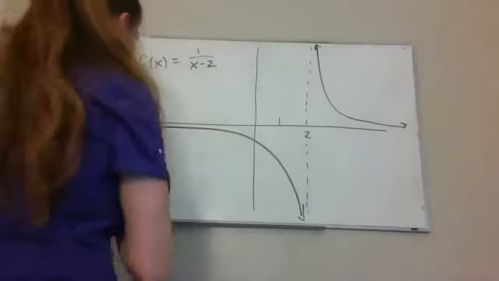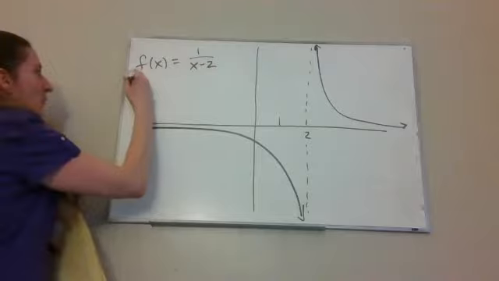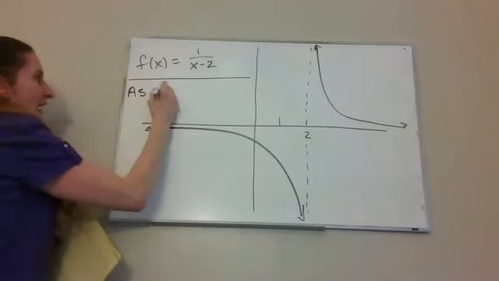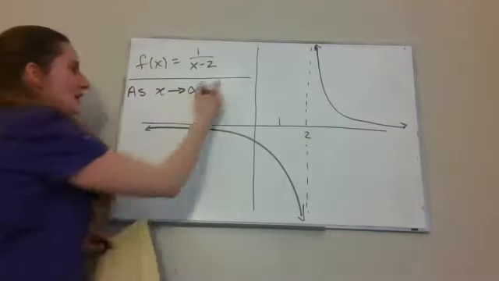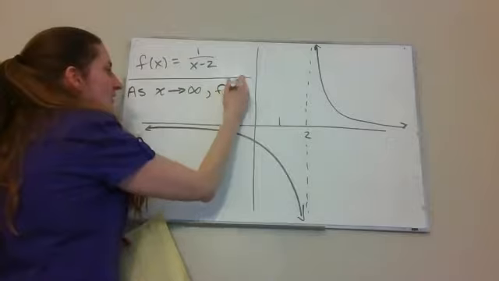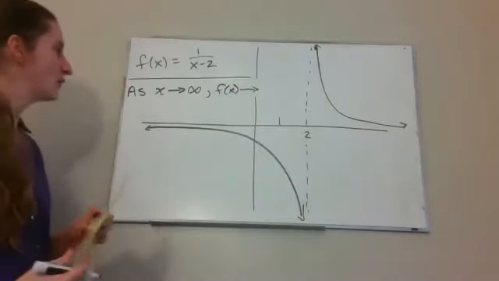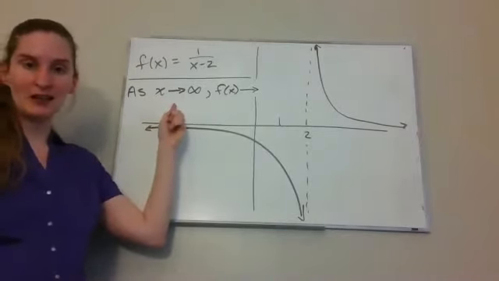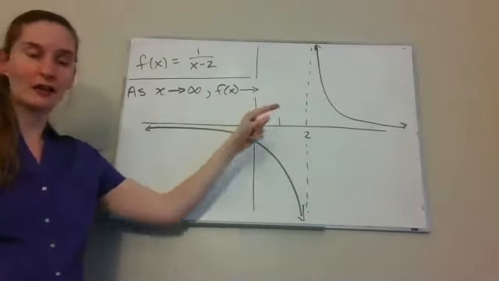Now, we're going to work with some specific notation that's going to carry over into calculus when we get there. So, our first thing is as x arrows to infinity, and we want to answer what happens to f of x. So what this is saying is as x gets closer and closer to infinity, f of x gets closer and closer to what value?